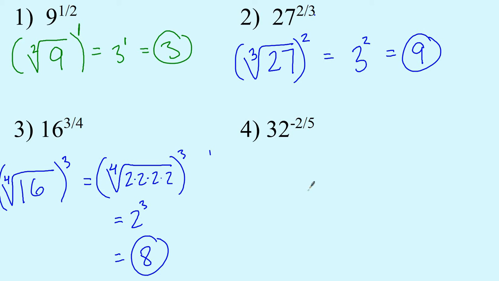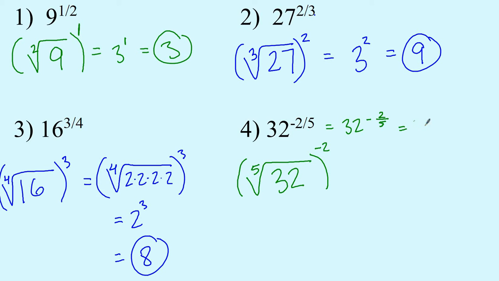Number 4. So we have 32. The denominator is the index. The numerator, I'm going to leave it with the negative, so negative 2. So even if you had this written as 32 to the negative 2/5, I'd always put that negative with the 2 on top.